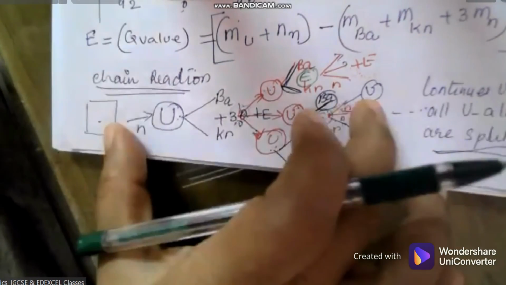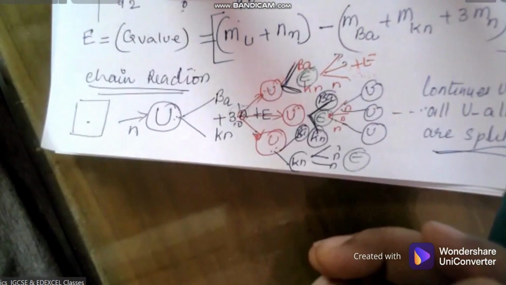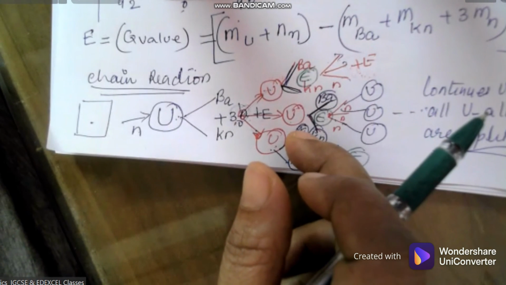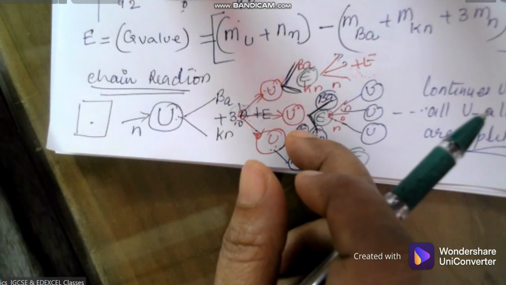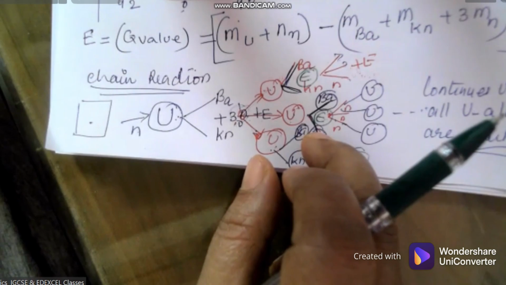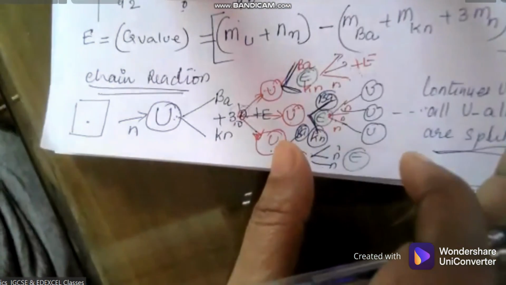So this is chain reaction. Next class we will learn how to control them, because uncontrolled chain reaction is of no use to us except in making bombs. This is what happens in bombs, where uncontrolled chain reaction happens.